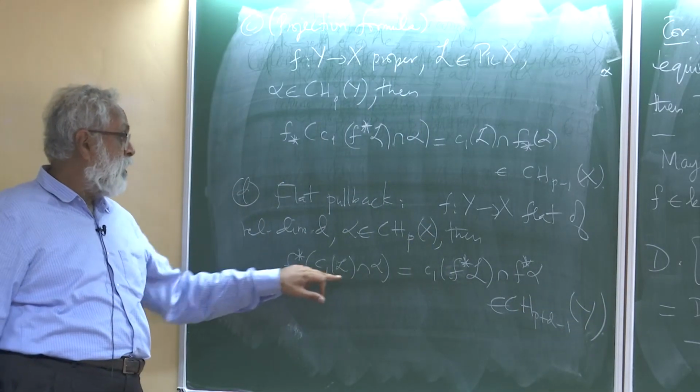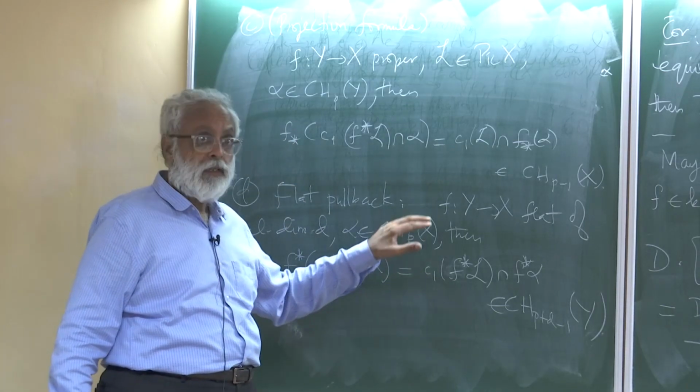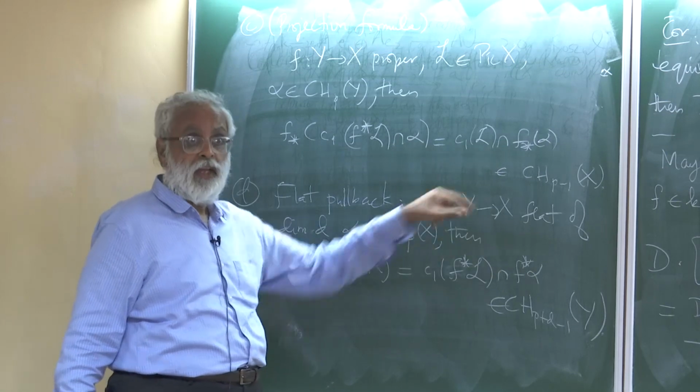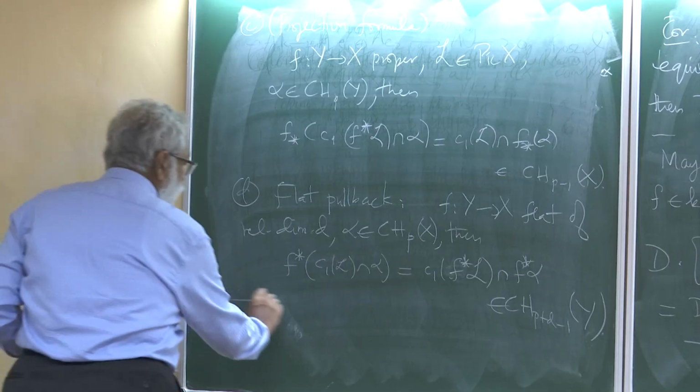So cap with C1(L) and then pull it back, increasing the dimension by d, or pull back the invertible sheaf, pull back the cycle and cap it in the other space. It's the same thing. And so these are obvious properties.